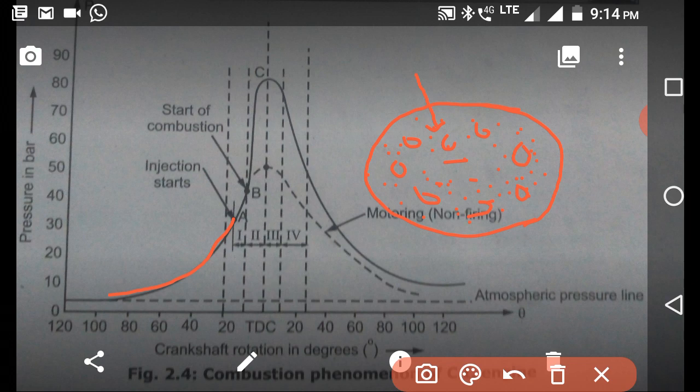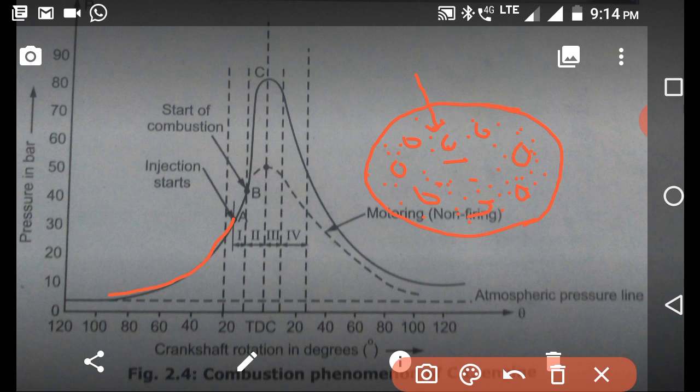As evaporation occurs, it reduces the adjacent compressed air temperature, and after that the fuel molecule will attain its self ignition temperature. This same process will occur for each molecule.